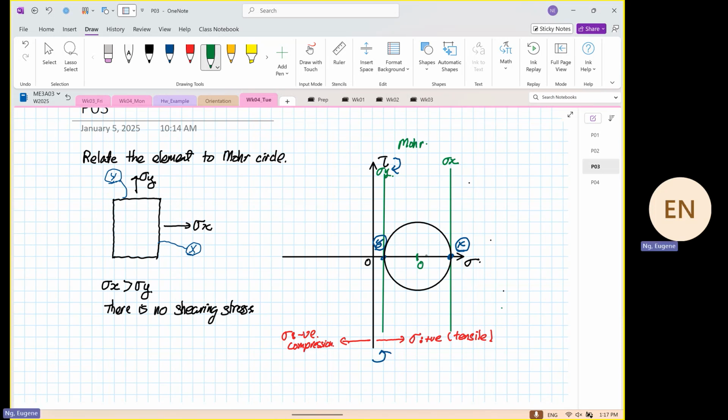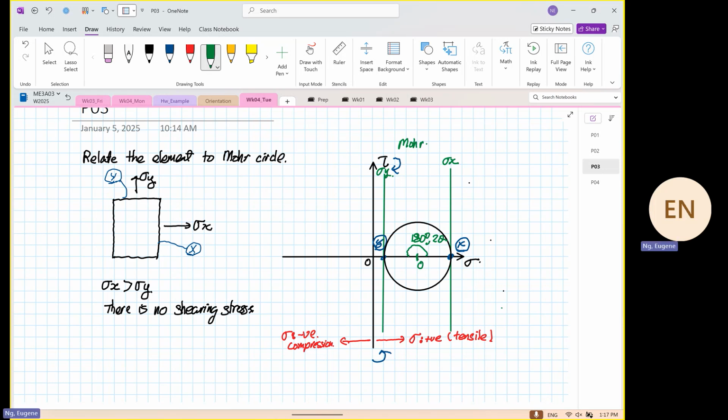What is this angle equal to? Any idea? 180 degrees. Or I can call this 2 theta. So on Mohr circle, we have 2 theta.